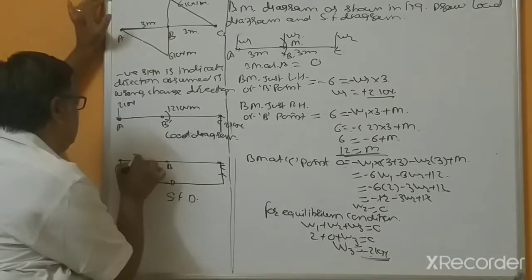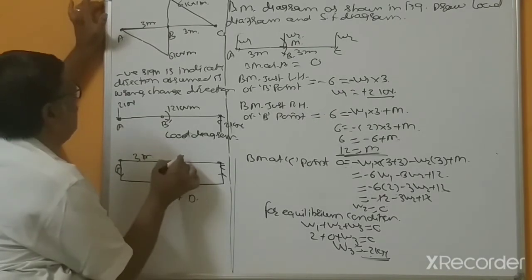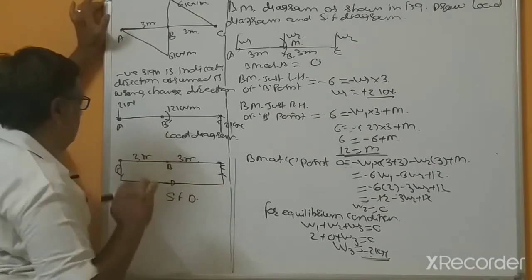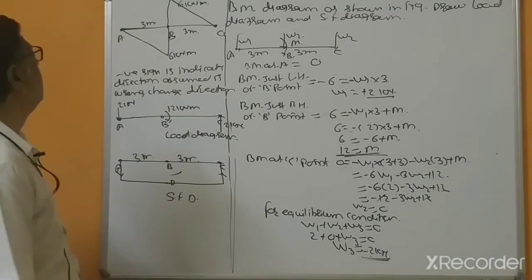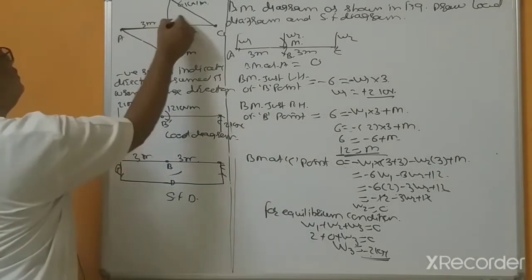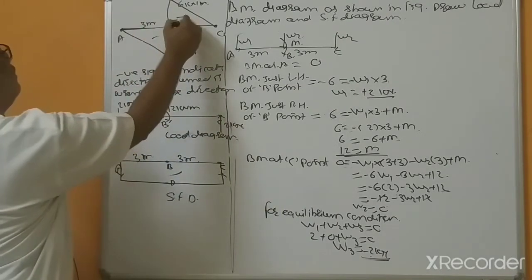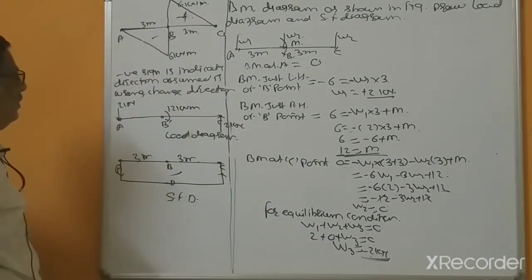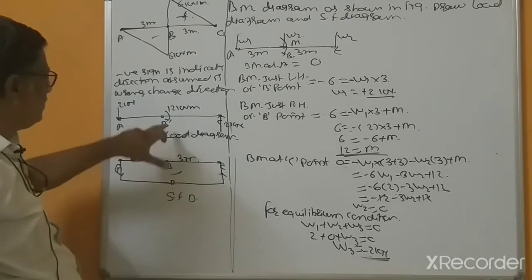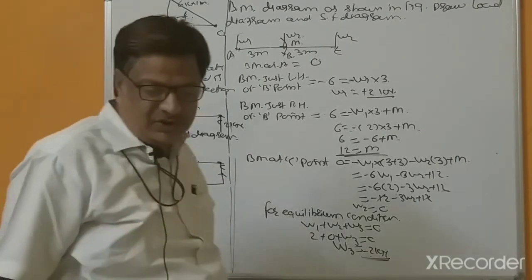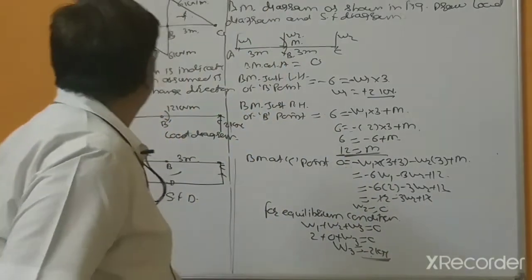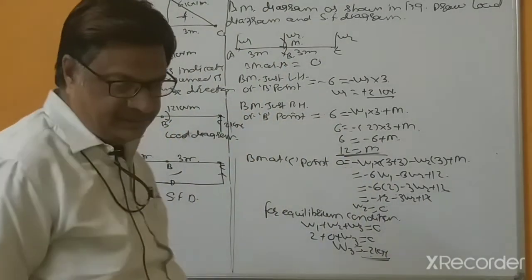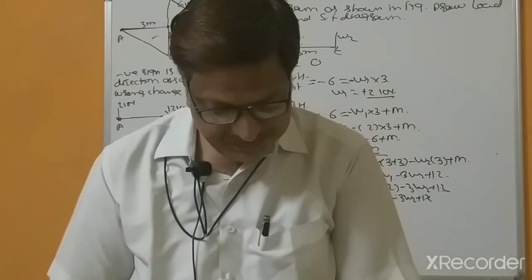This is 3 meter and this is 3 meter. And this is the negative shear force diagram because this is positive and this is negative, because there are no indications about the moment in the shear force diagrams. Right, and this is correct.